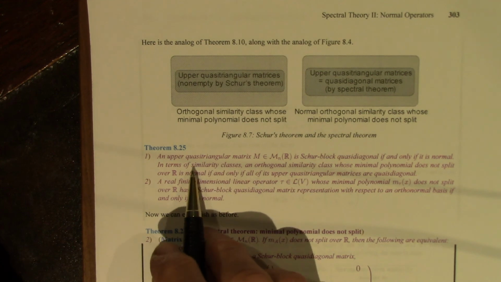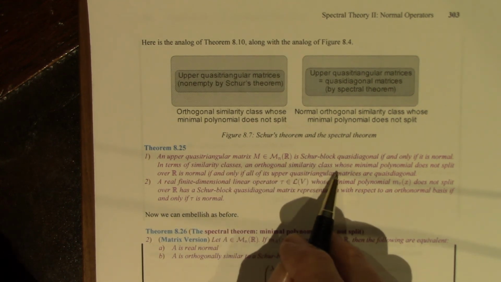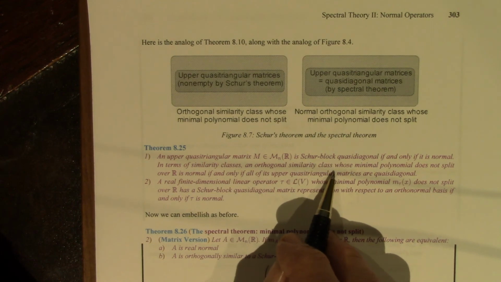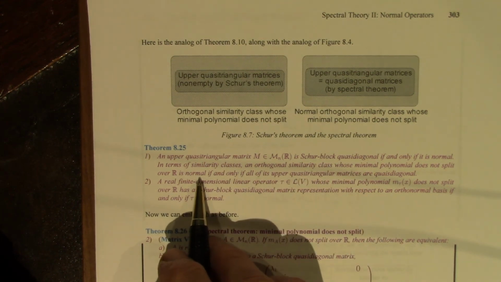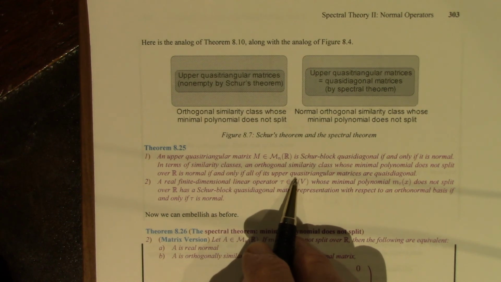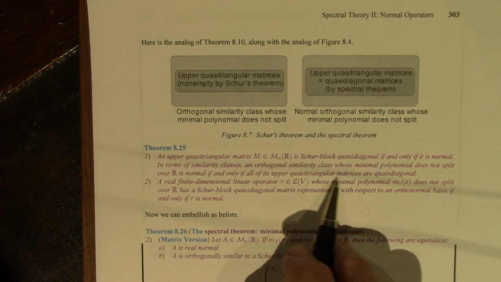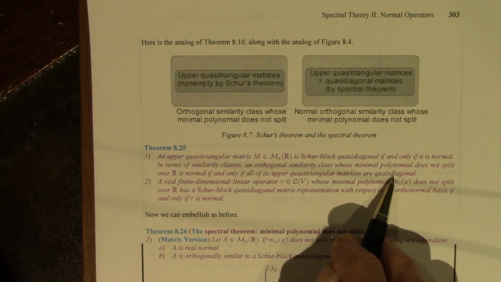And we can express that in terms of similarity classes. An orthogonal similarity class whose minimal polynomial doesn't split is normal, in other words all the matrices in the class are normal, if and only if all of its upper quasi-triangular matrices are in fact quasi-diagonal.